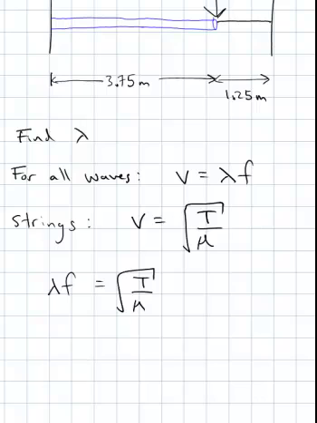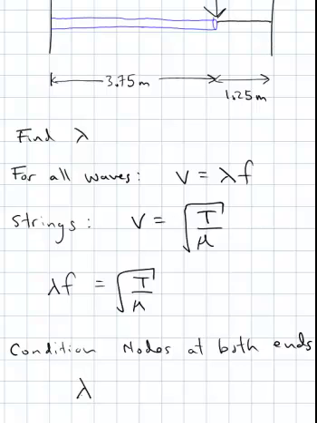And we also know something else here. We know that we want to have an even multiple of lambda to be our length, right? So the condition we're looking for, I'll just write it here, the condition that we have nodes at both ends is this.